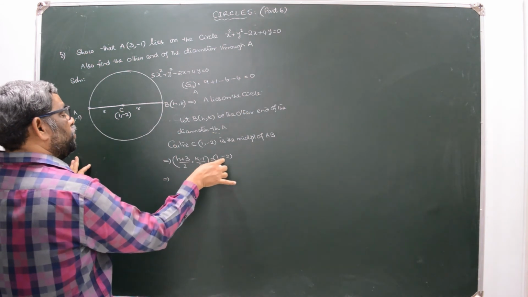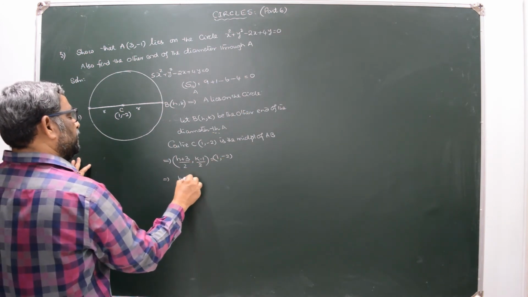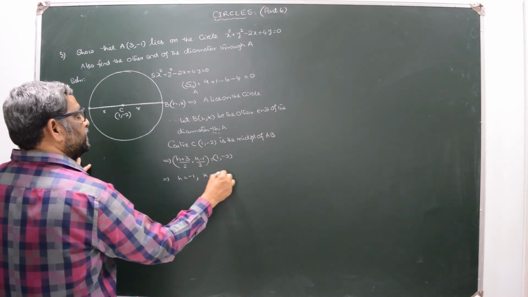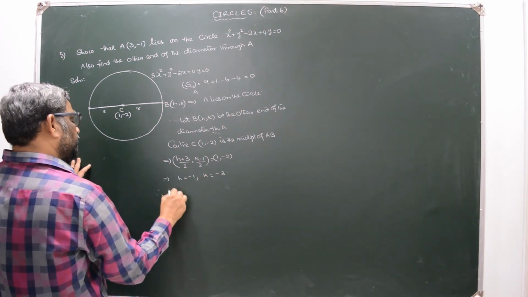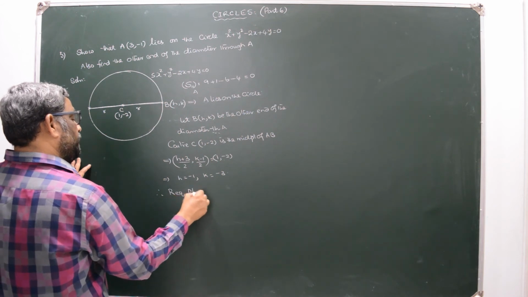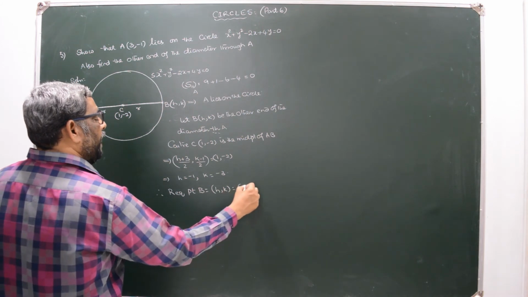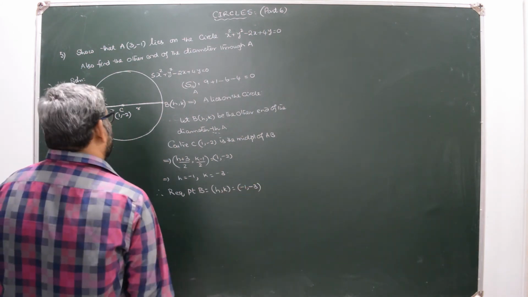H plus 3 equal to 2, H is equal to minus 1. This is minus 4 plus 1, K equal to minus 3. Therefore, required point B is H comma K is equal to minus 1 comma minus 3.